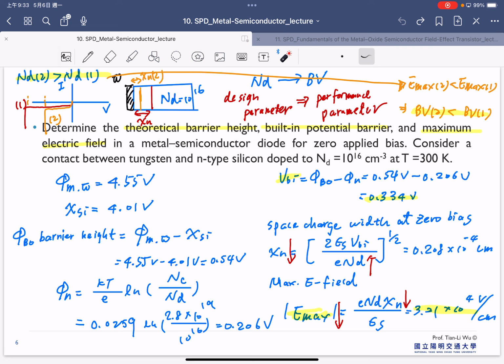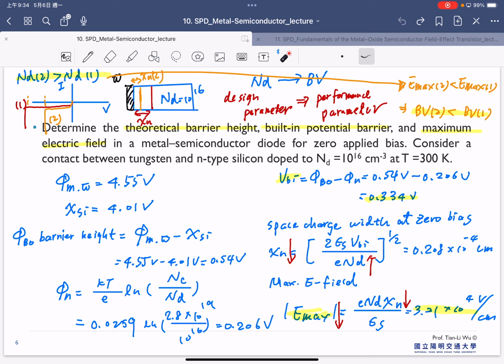Last lecture we have been talking about the different concentrations in the metal semiconductor, this kind of Schottky rectifier, and we discussed that the impact comes from the concentration. If you look at this equation, once the concentration increases, our depletion width should decrease.